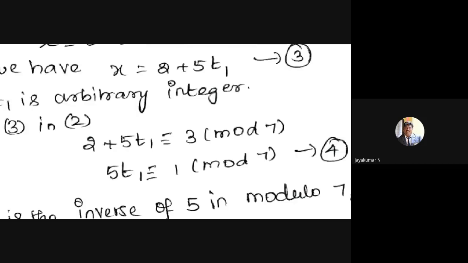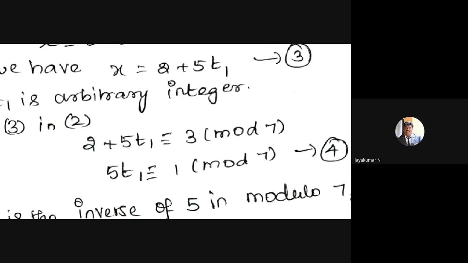Anyway, I will repeat. 5t1 is congruent to 1 mod 7. Here we are going to find the inverse of 5. If we put t1 equal to 1, 7 does not divide 5 since 5 is less than 7.